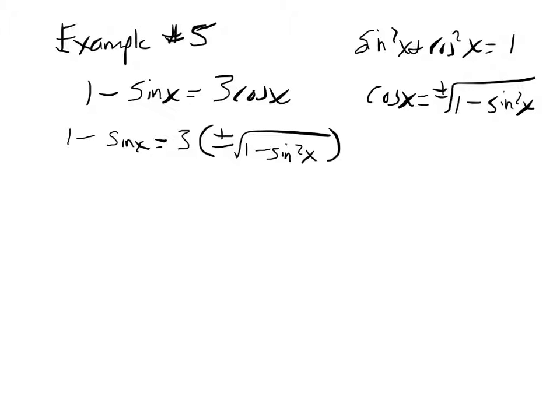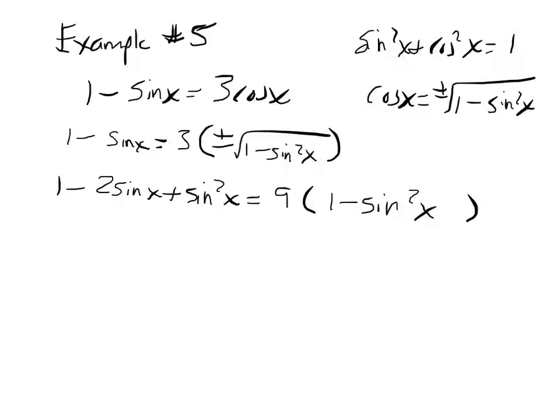Go ahead and square both sides now to eliminate the square root. So I'll get 1 minus 2 sine x plus sine squared x equals 9 times, parentheses, 1 minus sine squared x.